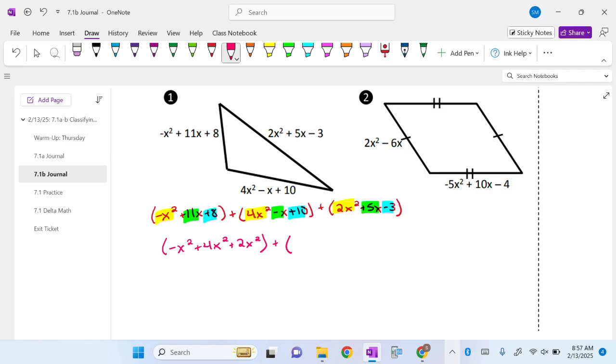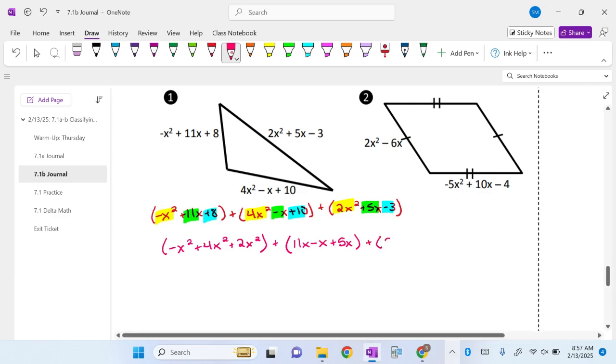If we want standard form, which has the next highest exponent. So the x's or the constants. Which one has the highest? The x's. So this would be 11x minus x plus 5x. And then our constants. So 8 plus 10 minus 3.